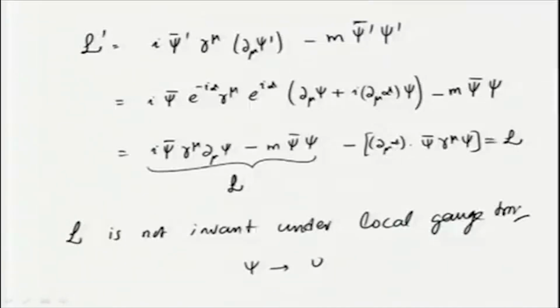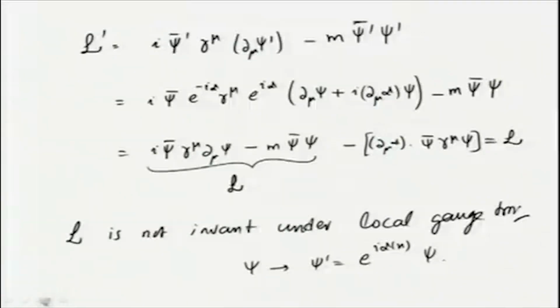Psi goes to psi prime equal to e power i alpha x psi. Now, supposing we say that, well, I want the Lagrangian, maybe not this particular Lagrangian, but I want to have a modified Lagrangian, but I want the local gauge symmetry for that Lagrangian. I insist on that. What will happen in that case?